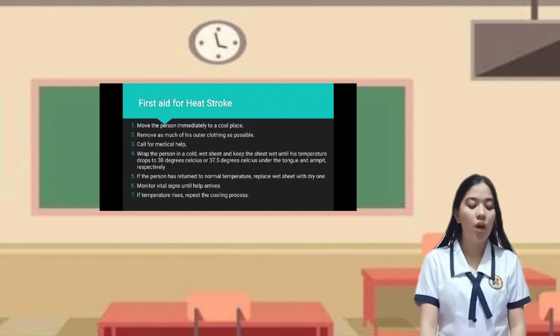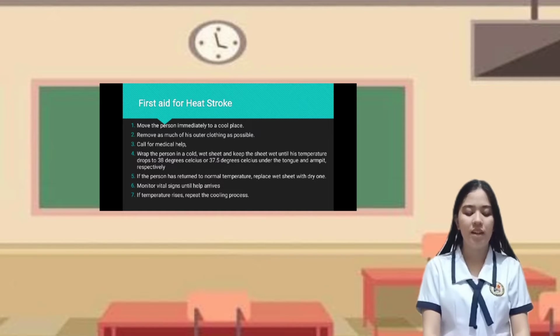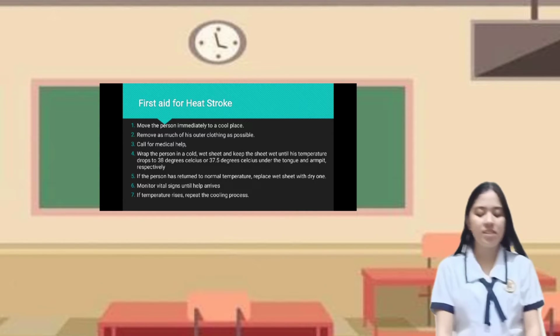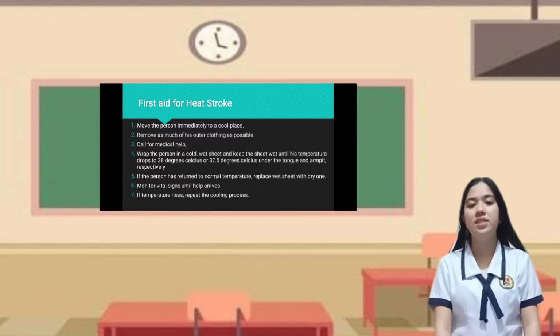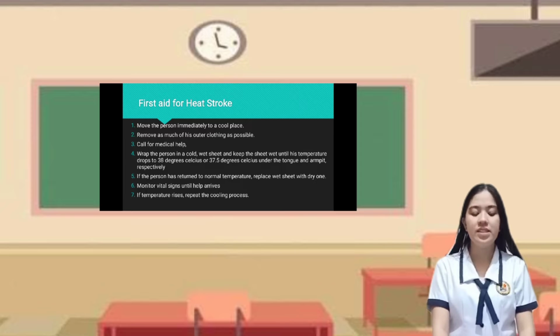Number 6, monitor vital signs until help arrives. And lastly, number 7, if temperature rises, repeat the cooling process. So class, I will demonstrate the first aid for heat stroke.